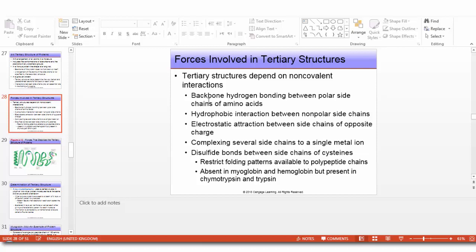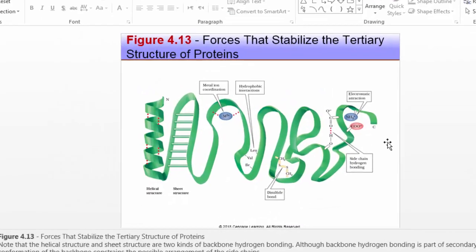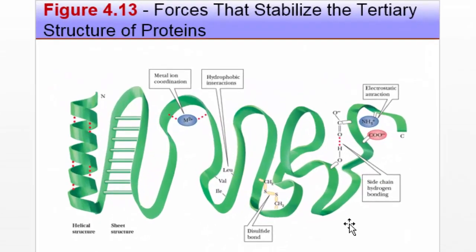All these, 1, 2, 3, 4, are non-covalent, and the only covalent force is the disulfide bonds between the side chains of 2 cysteine residues, which restrict folding patterns available to the polypeptide chain, absent in myoglobin and hemoglobin but present in chymotrypsin and trypsin.